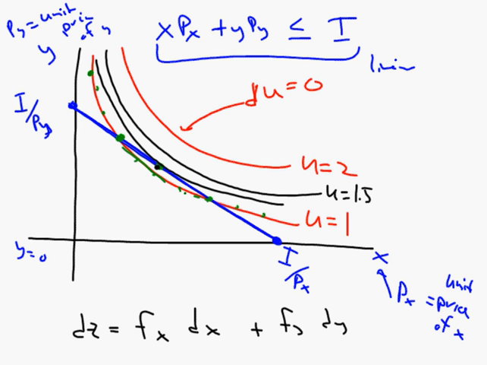The maximum level of utility I can attain, when the utility curves look like they're concave up in the xy plane, happens when the budget constraint is tangent to a utility curve. That would get me to the highest possible level of utility.